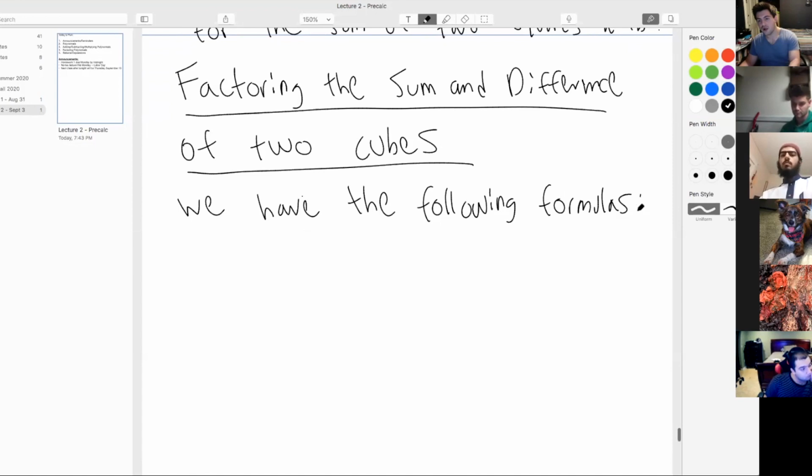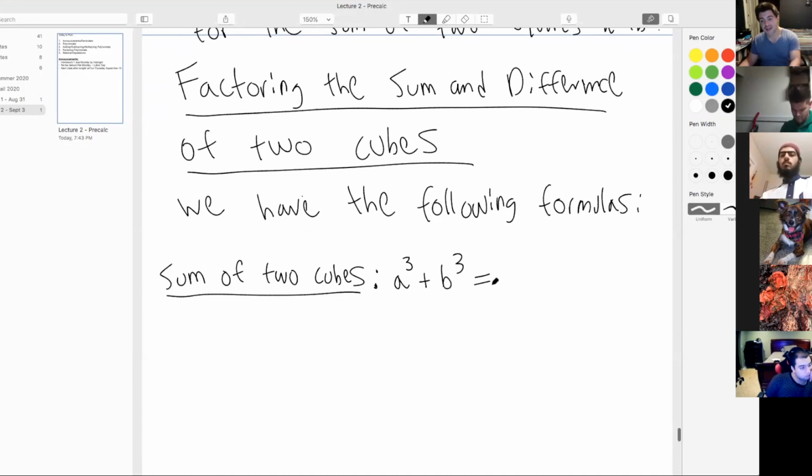First of all, we have the sum of two cubes. If I have the sum of two cubes, a cubed plus b cubed, I can factor this as a plus b multiplied by a squared minus ab plus b squared. That's the formula.